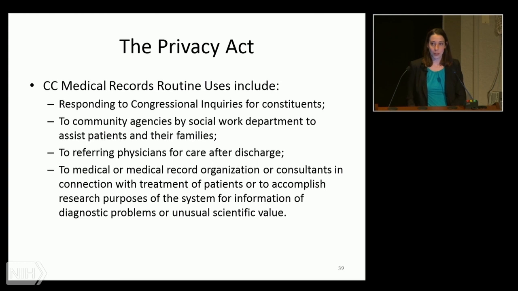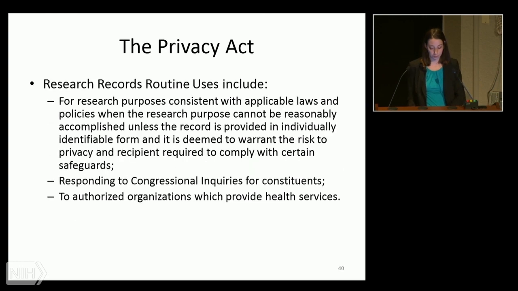At the clinical center, routine use for the clinical center medical records is responding to congressional inquiries, allowing the social work department to reach out to local agencies to aid in the transition of the patient or the family back home or get other services that they need. It also covers a referring physician that's taking over care after discharge, and other medical organizations or consultants connected to the treatment of the patient.